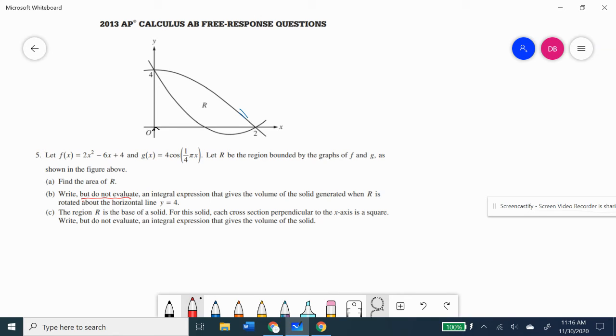An integral expression that gives the volume of the solid generated when R is rotated about the horizontal line y equals 4. Now we can see that this point is y equals 4. And other than that one point, the axis of rotation is above the region.